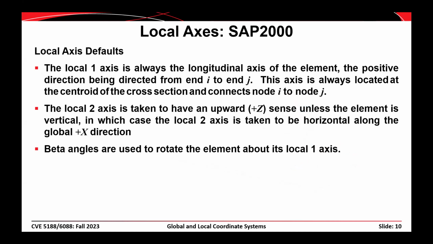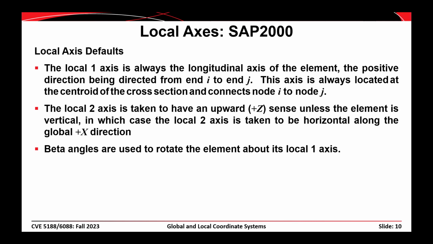You can actually look up the default local axis definition, and this is nice to know. It says that the local 1 axis is always the longitudinal axis of the member, taken as positive if you go from the ith end to the jth end, from the first end to the second end, or from the beginning of the member to the end of the member.